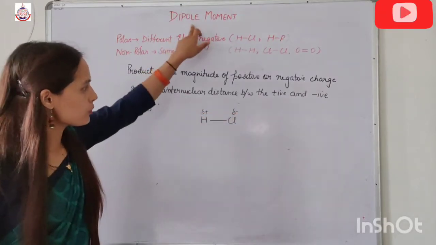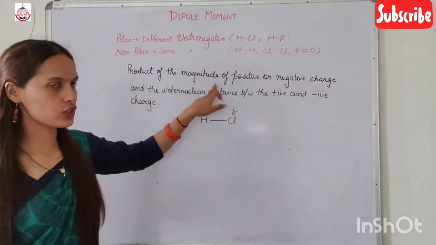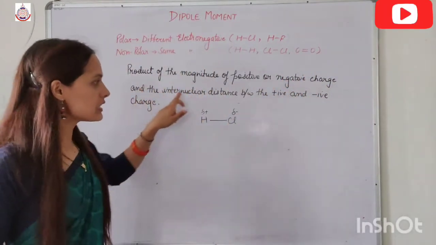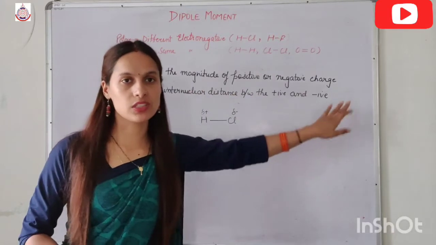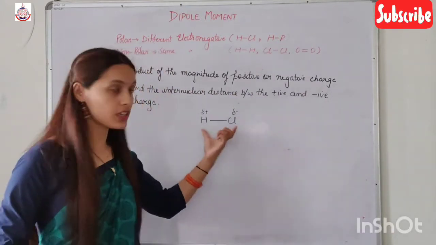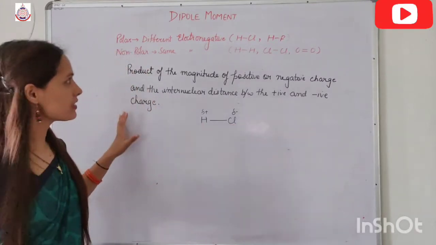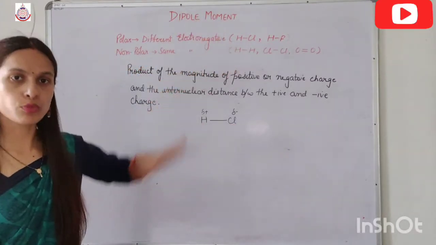So, the dipole moment is the product of the magnitude of positive or negative charge and the internuclear distance between the positive and the negative charge. That is known as dipole moment.